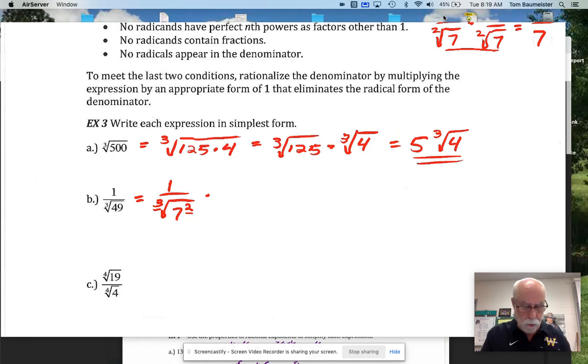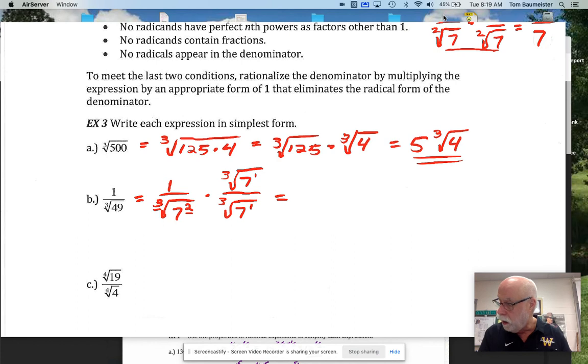All right? So what you have to think about here is I have 7 squared, but I have a 3 here. So I can multiply the top and the bottom by the cube root of 7, and this time, think of it as I'm putting a 1 there. I don't have to put the 1 there because it's understood, but in this case, I'm showing you that's what we're going to do.